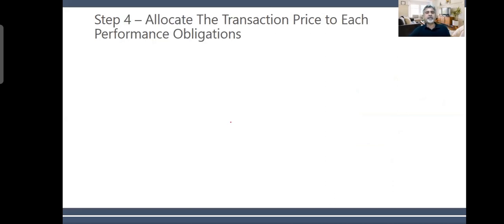Then we say allocate the transaction price to each performance obligation. So first step, the contract. Second, defining the performance obligations. Third, contract price. Fourth, allocating the total contract price to the individual performance obligations.